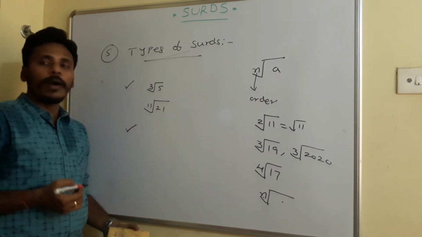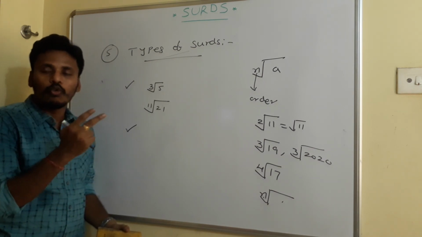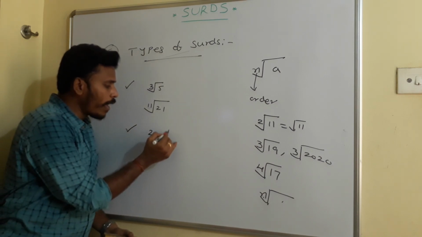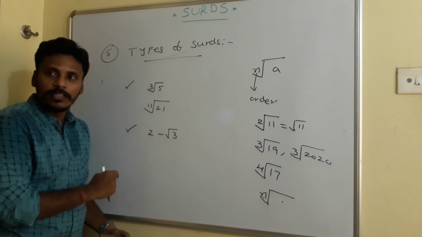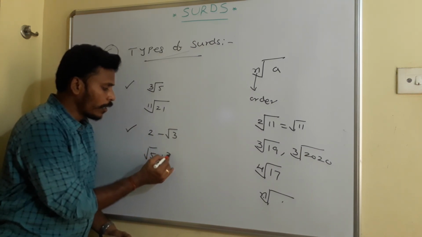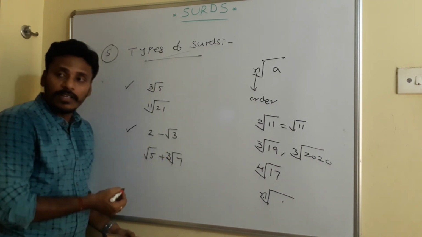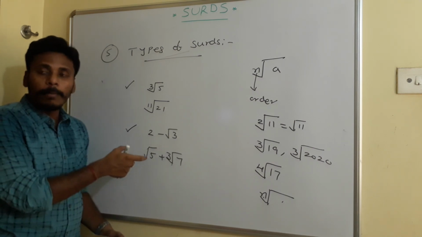And the next thing is binomial surds. A binomial surd requires two terms. So if you have 2 minus root 3, 2 is a term, root 3 is a term, this 2 minus root 3 is a binomial surd. Or you may take root 5 plus cube root 7. Root 5 is a surd, cube root 7 is a surd. There are only two terms, so we call it a binomial surd.